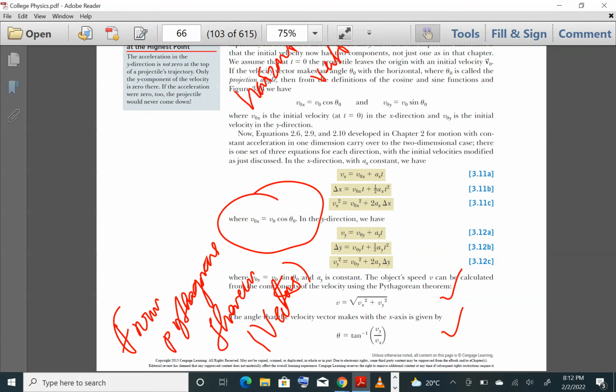Where we were saying just velocity, when we are talking about the x direction, we specify velocity x, which is the horizontal motion. And because of the horizontal motion, we know that acceleration is constant.